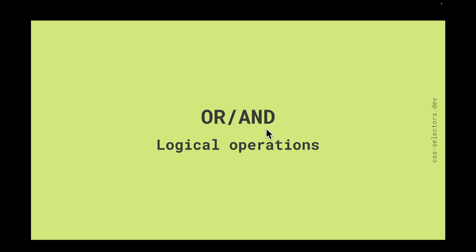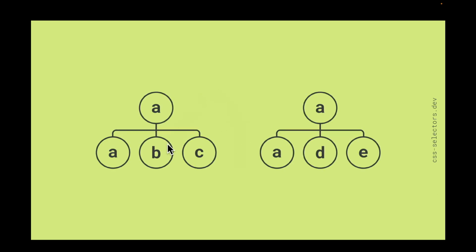Great! Now, let's talk about the OR and AND logical operations. In programming languages, it's quite common to use either OR or AND to select or query results. Let's talk about the OR first. Imagine we have 2 HTML tree structures here. Both have A as the parent element, and the first one has A, B, C as child elements, and the second one has A, D, E as child elements.